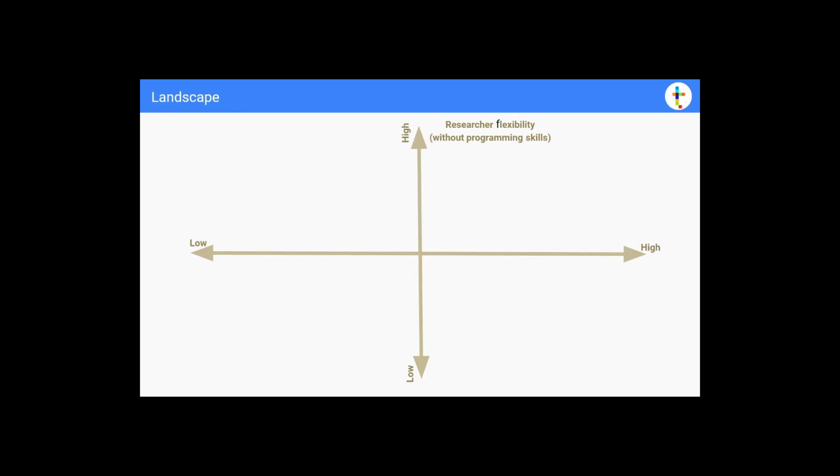So where does Tercen lie? Just to give you a feeling of why it's a bit different. If you had this axis where you had low and high flexibility, and this is flexibility without knowing programming, on the y-axis. On the x-axis, if you had high amount of data and low amount of data, you would see that Prism and Excel are very flexible, but they can handle low data, less than 1 million data points, for example.